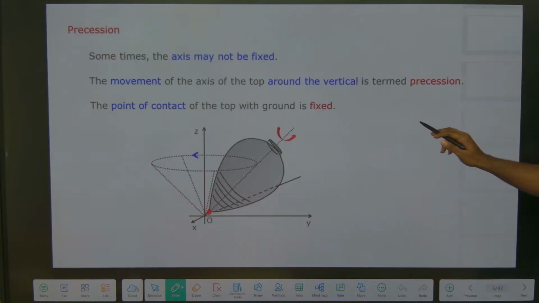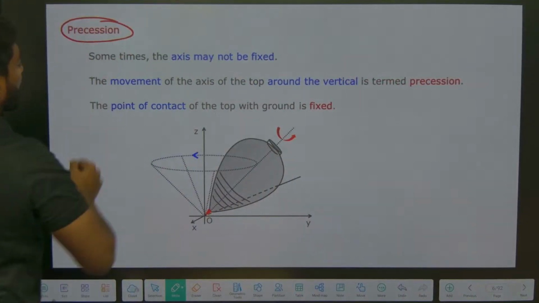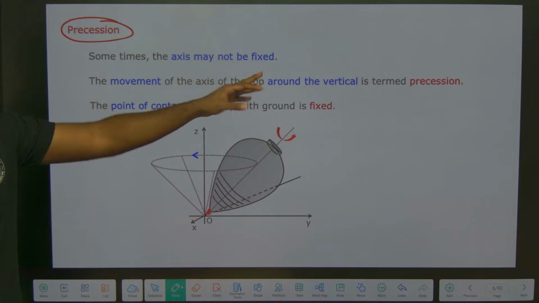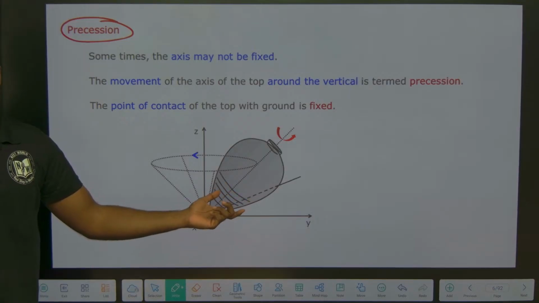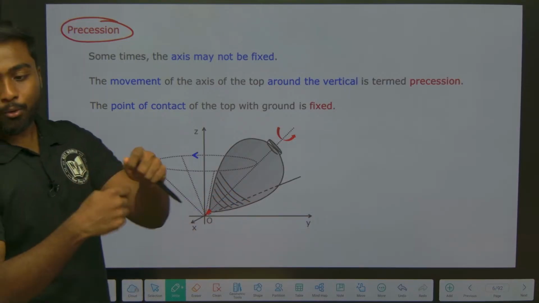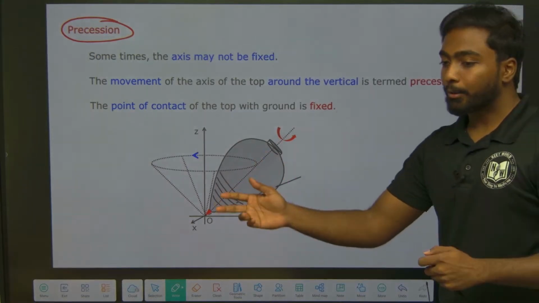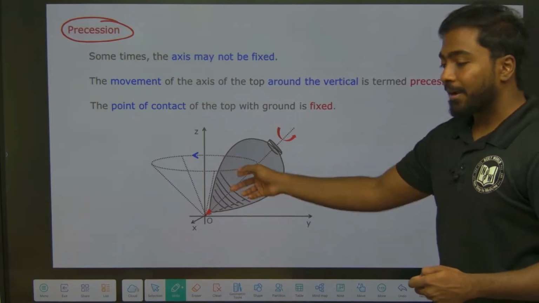So next one is precession. When we talk about precession, sometimes the axis may not be fixed. We have seen this toy in childhood. We take this toy and rotate it with some rope. In this case what happens? The axis might change.